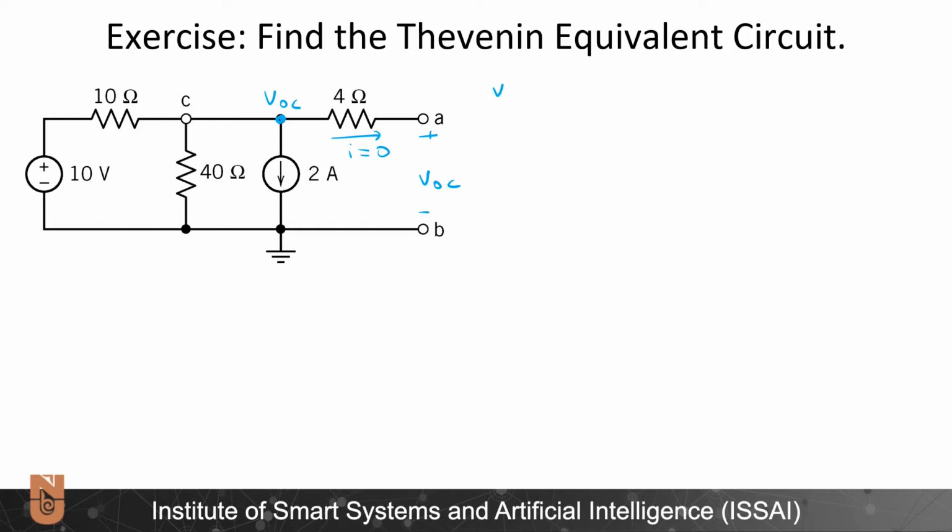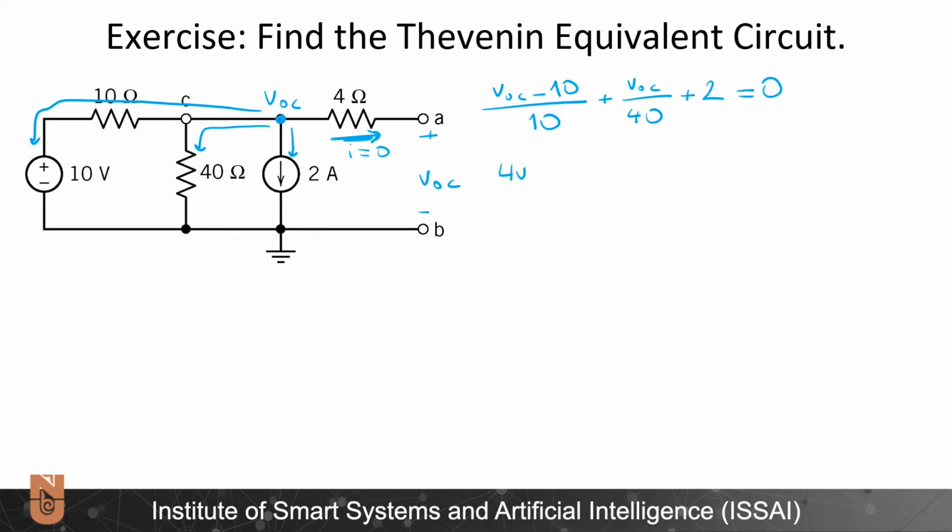V open circuit minus 10 divided by 10. This is the current going this way. Then V open circuit divided by 40. Then 2 amperes is going out this way. There is no current going out that way, is equal to 0.